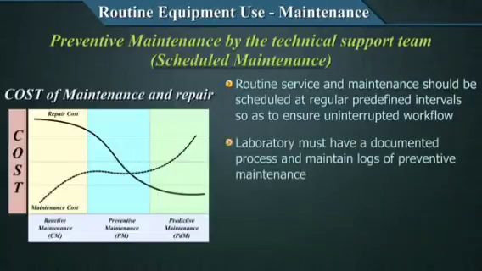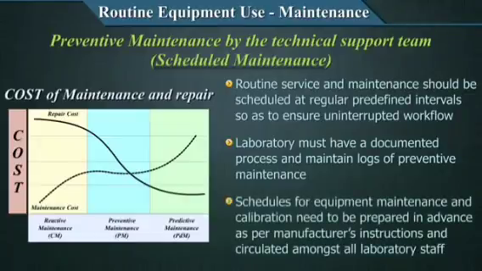The laboratory must have a documented process and maintain logs for preventive maintenance. Very important again, documentation. The schedule for equipment maintenance and calibration need to be prepared in advance as per the manufacturer's instructions and circulated among all laboratory staff so that the same can be rigorously adhered to.